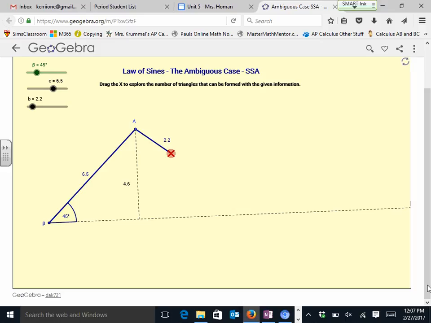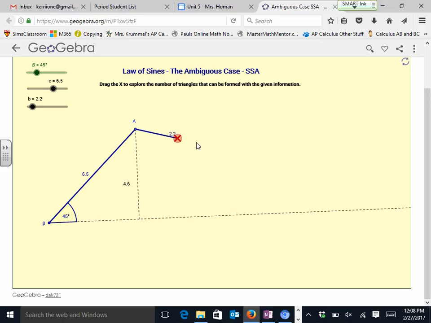So the blue is our given information. This dotted line means we don't know how long that third side is going to be. It could be really long or really short. And we don't know what this angle is, so we can rotate that around.